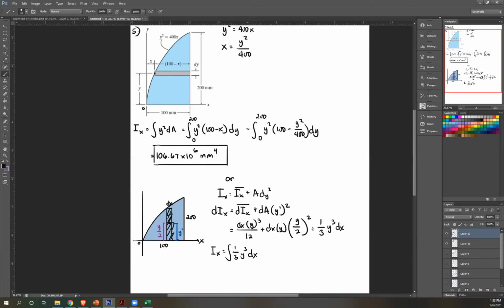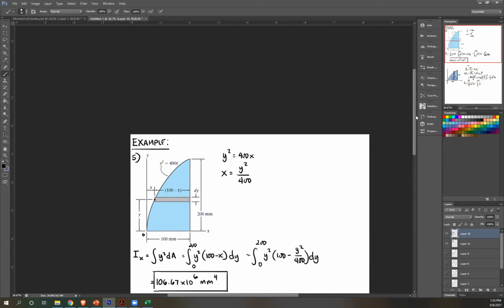Okay, this is a vertical strip, so our limits are from this point to this point. So from 0 to the total base 100. Once again, this is in y, this is in x, so I need to rewrite this in terms of x. So 0 to 100, 1/3. I need an equation of y in terms of x.